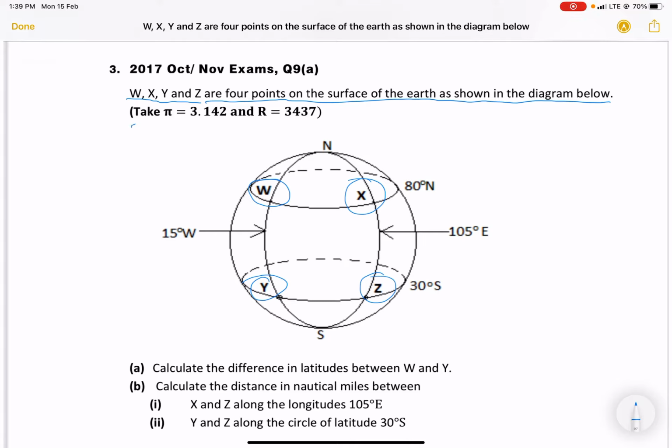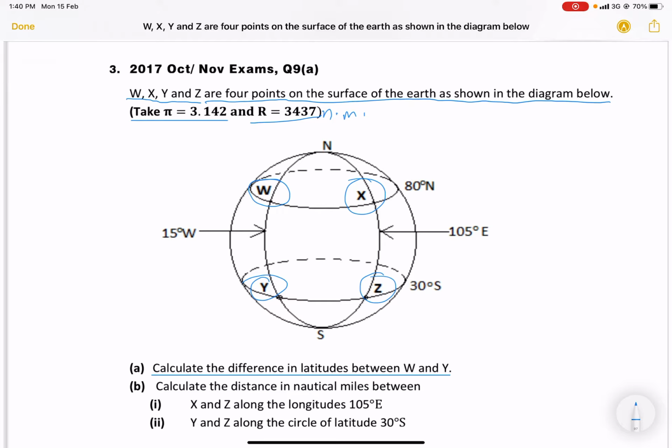Then we are told take pi as 3.142 and the radius of the earth as 3437 nautical miles. Calculate the difference in the latitudes between W and Y.